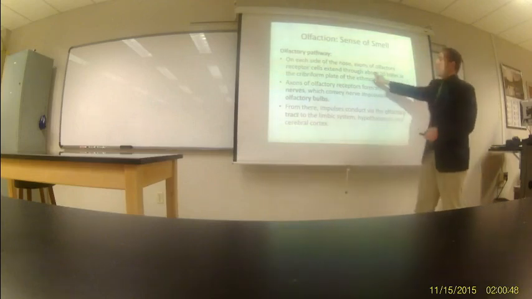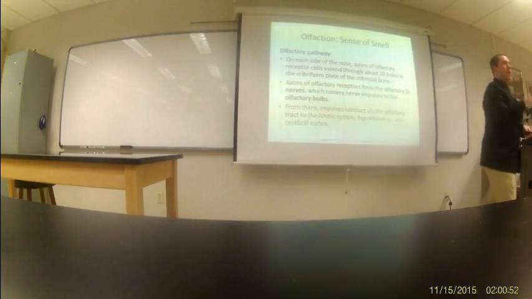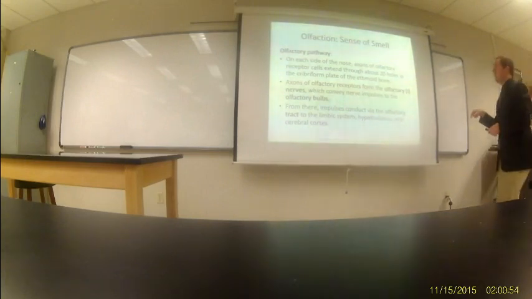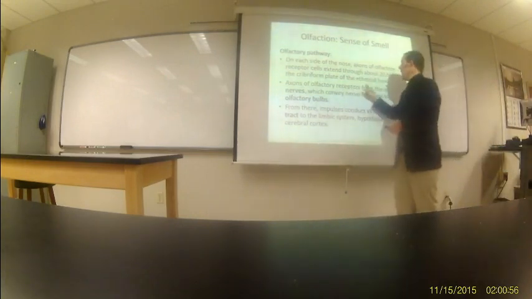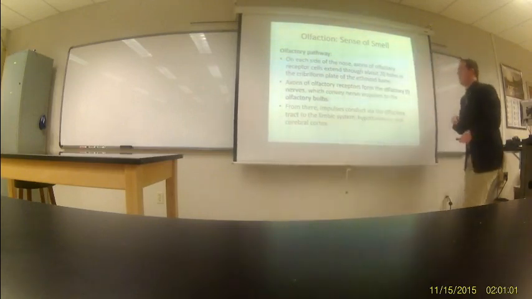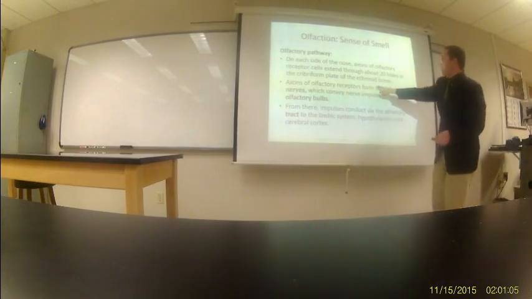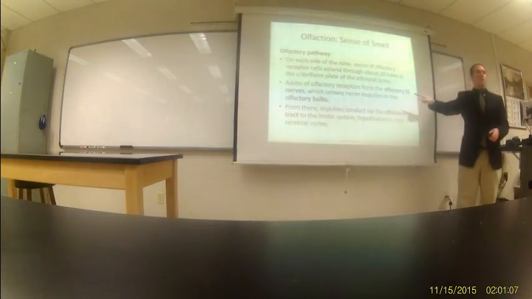So this is what we're talking about. We have the ethmoid bone and the crista galli in it. The part of the ethmoid bone that has the crista galli we call the cribriform plate. This is one of those cranial nerves.